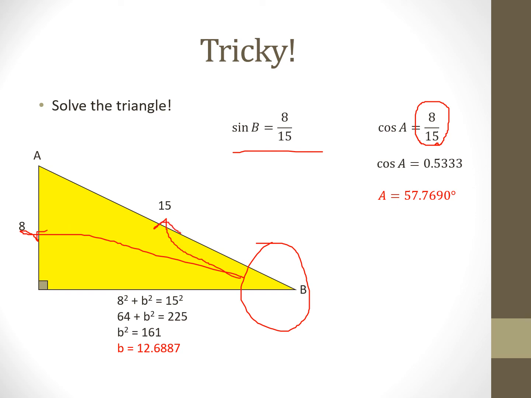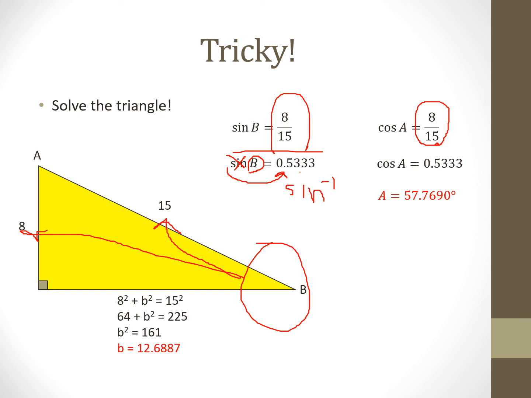That requires us to do sine. Again, 8 divided by 15. That's just 0.5333. And again, to solve for B, you have to get rid of the sine. And to do that, you have to do sine inverse. Sine inverse of 0.5333.